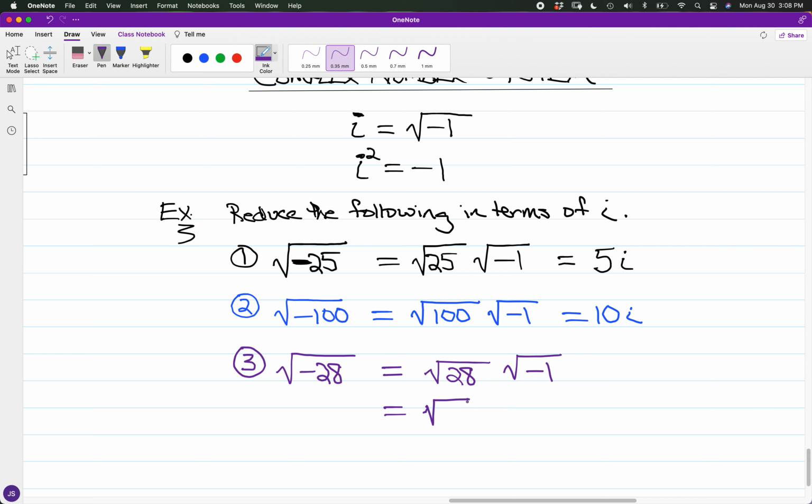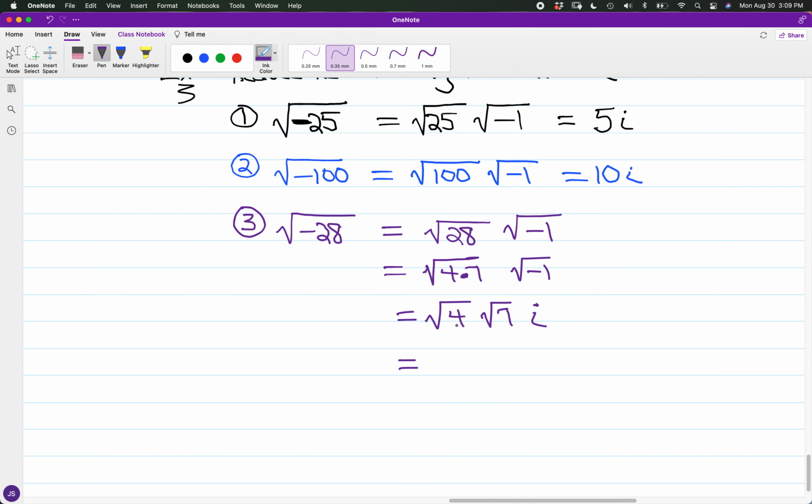For the square root of 28, think of this like the square root of 4 times 7. So you have the square root of 4, which is a perfect square. 7 is not a perfect square, so that part stays underneath the radical. And the square root of -1, we can write as I.